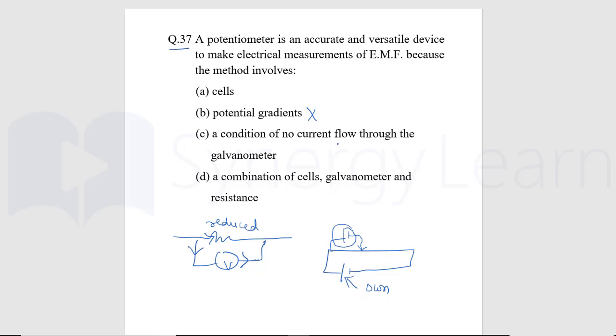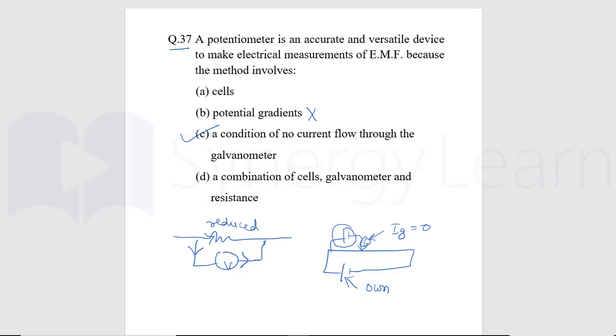A condition of no current flows through the galvanometer. So this third option looks correct because for the galvanometer which is put in the circuit of the potentiometer, the null point is obtained when there is no current through the galvanometer.